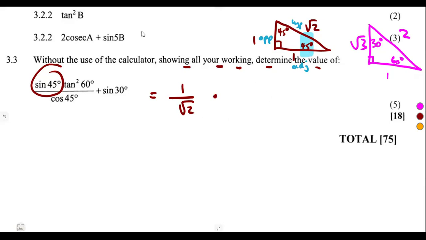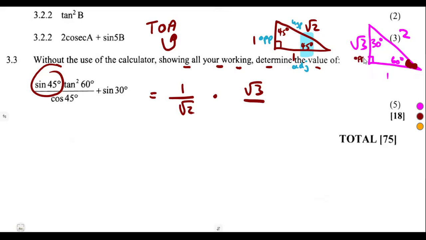So you're going to have tan, remember, tan from our TOA, opposite over adjacent. So according to 60 degrees, here we have 60 degrees opposite. Just like this triangle, remember where 60 is, same way 45 is. So the opposite is what? Square root of 3 over what? Adjacent. Our adjacent is this one, which is 1.